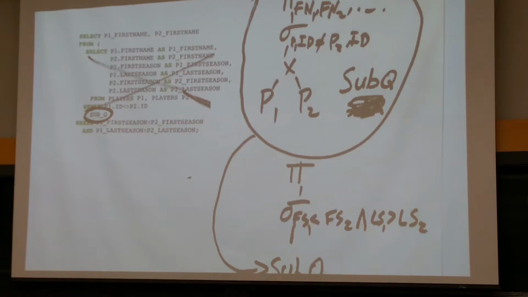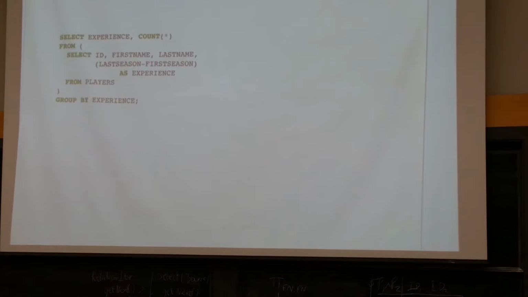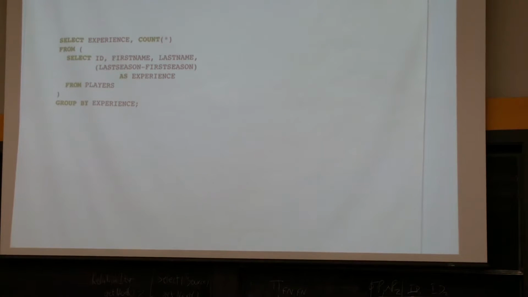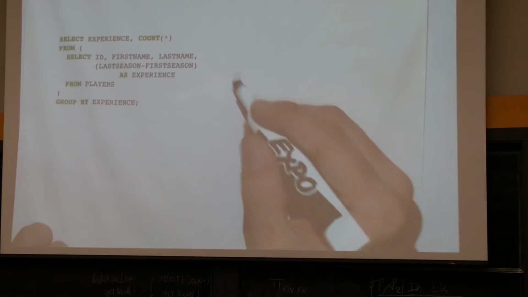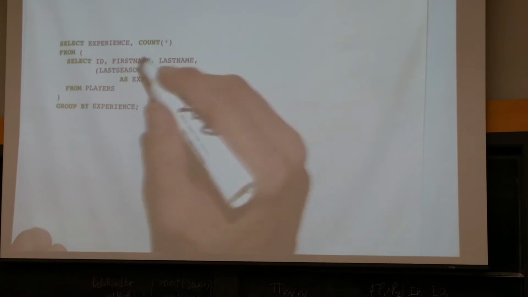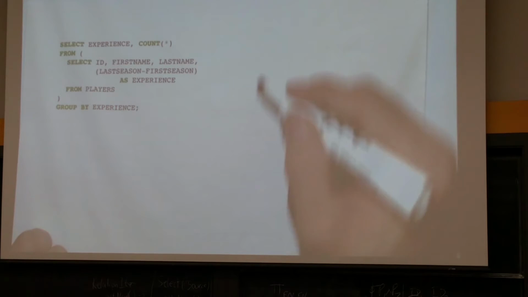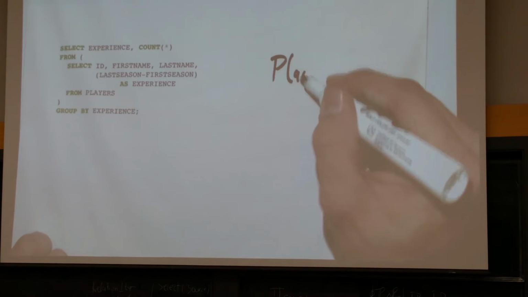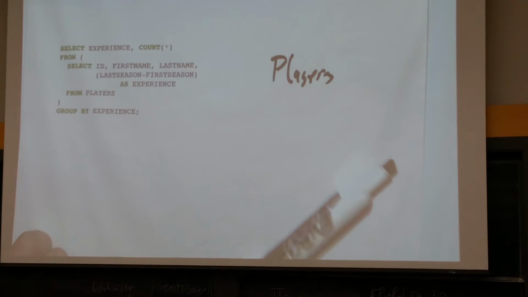One more example. So this one works pretty much exactly the same as the last one. You translate the nested query, again, just as before. The nested query in this case just has players, with a projection sitting on top of it. Oh, and there's actually a typo in this.